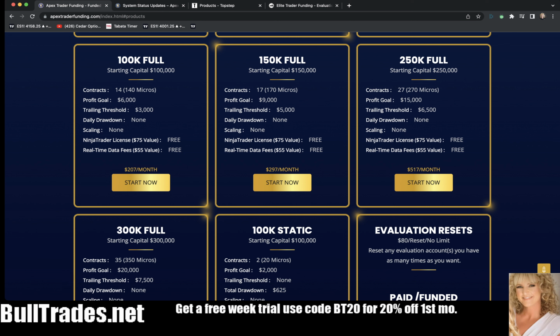And then the next month or 2 weeks until the next big move is kind of brewing, because we've got a lot of consolidation happening right now, and you trade 1 micro or 3 micros, small compared to the 17 that you made that $9,000 in, they will not pay you out. They will say, nope, it can't be more than, I believe it's 30% is their requirement of what you've made. They don't want to see you slamming 17 contracts and then gaming the system, which is what it is.